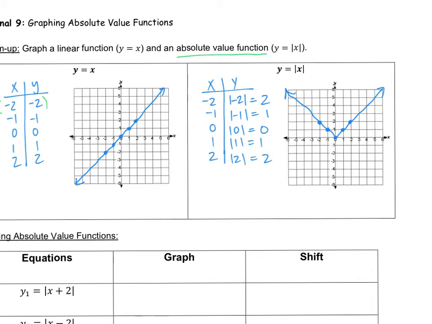So what you guys might have noticed is that this part of the graph, the right side of the graph, the positive x values, they had the same positive y values, right? So in this case, the graph looks almost identical on the right side of the coordinate. It's the left side of the coordinate that looks very different.